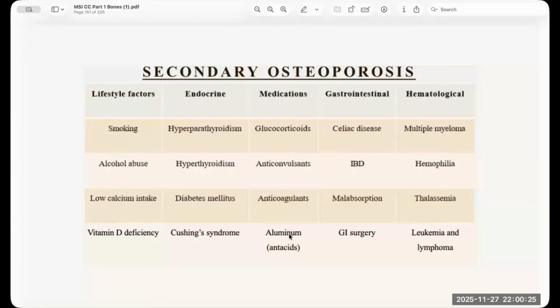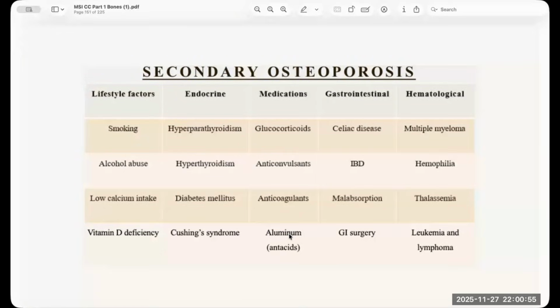So lifestyle factors would of course be smoking, alcohol abuse, low calcium intake, and vitamin deficiency. Hyperparathyroidism, we mentioned in the pathology lecture. There's also hyperthyroidism because it's linked to hyperparathyroidism. Diabetes mellitus and Cushing's syndrome. We did mention Cushing because of the hypercortisolism. And medication, glucocorticoids. We mentioned steroids before, remember, in the SLE.